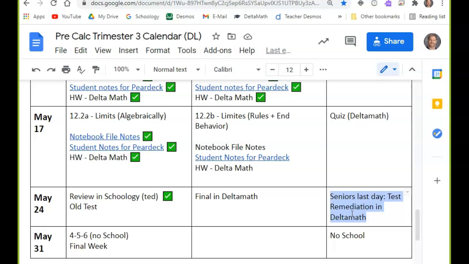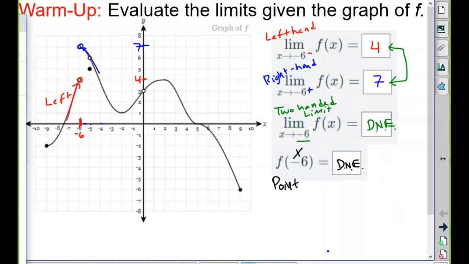Did I miss a quiz that you took? Or was there something that we need to talk about? Because then I'm going to finalize seniors' grades at this point. Basically, I'll do juniors as well, but juniors will have an extra day to talk about it. So, all right. Hopefully that's on your radar, especially if some of you guys are missing tests, quizzes, or you're planning on doing a remediation of some type.